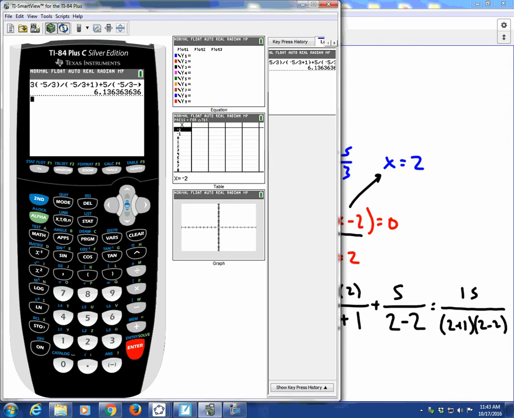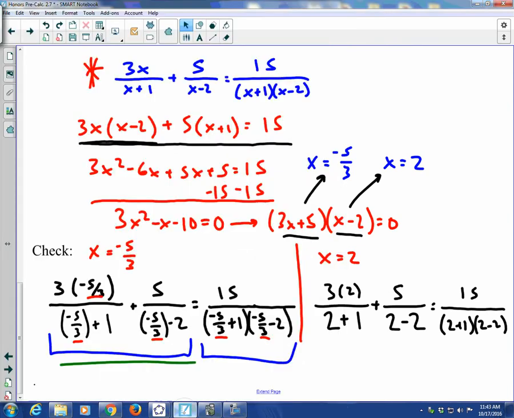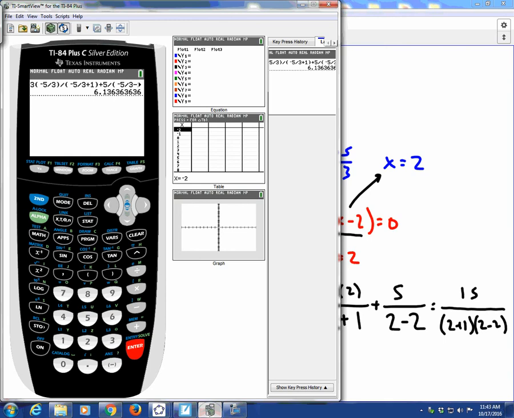And now we can go ahead and type in the other side of our equation and see if we get the same number. So right here, we've got 15 divided by open parentheses, negative 5 divided by 3, and then that's plus 1, close parentheses, and actually I need parentheses for my whole denominator. So I'm going to go back over here and insert one more parentheses.